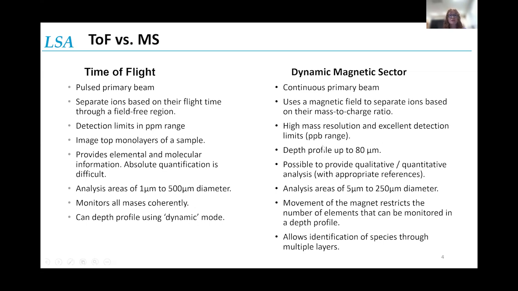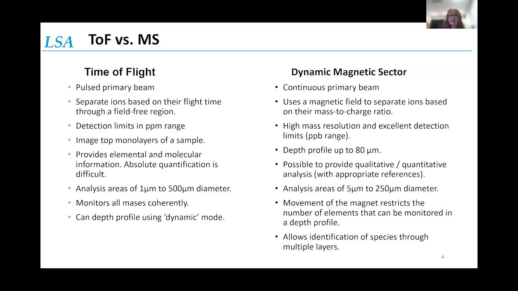Because of this, the machine has been optimized for this detection limit and for this ability to depth profile. We do lose some of the spatial resolution, so we can go down to about a micron spatial resolution for imaging, but we still get the depth resolution as we go through the profile.